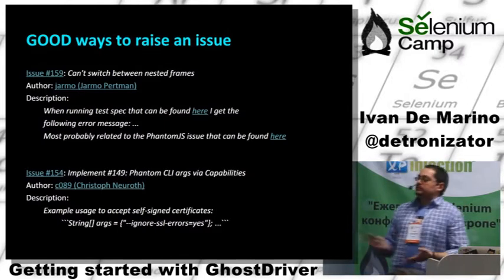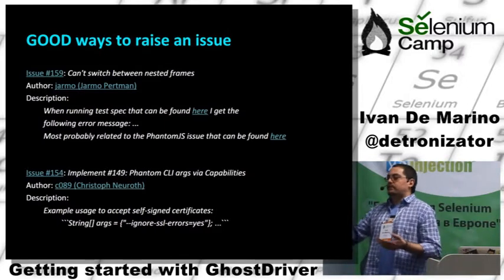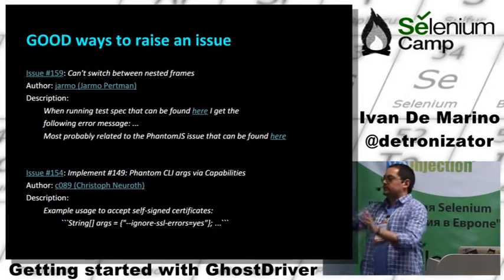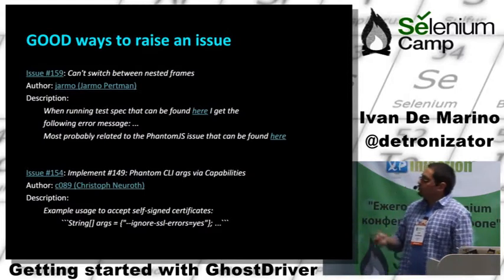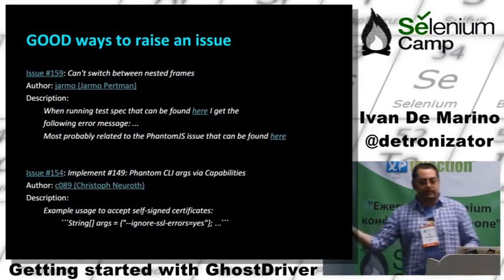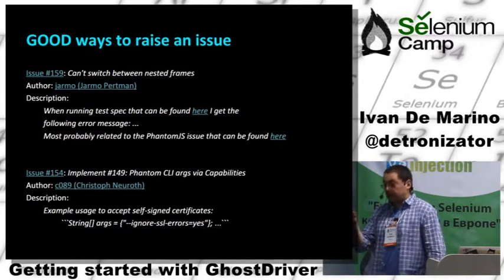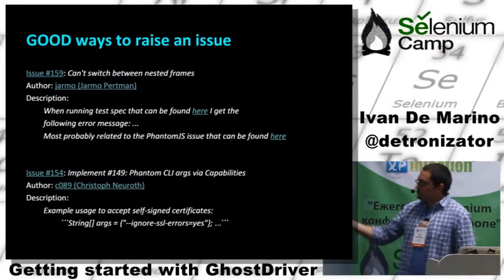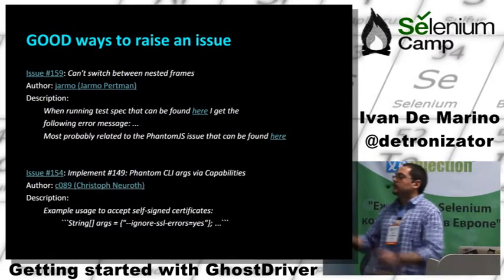So, in case you get that with PhantomJS, you don't have the possibility to click on accept this certificate anyway. So we have an option to do it from the command line to ignore every SSL error. What he wanted to do is the possibility to do that.